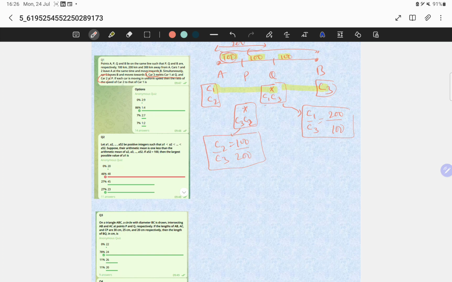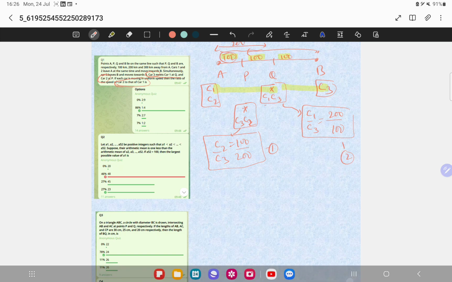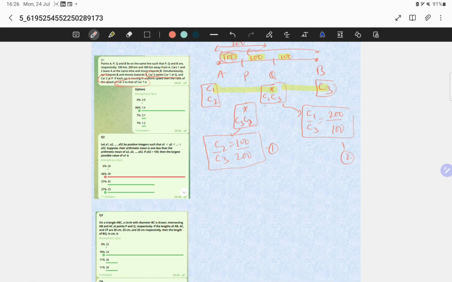Now the question asks for the speed ratio of car 2 to car 1. Say this is equation 1 and this is equation 2. We need C2 by C1.